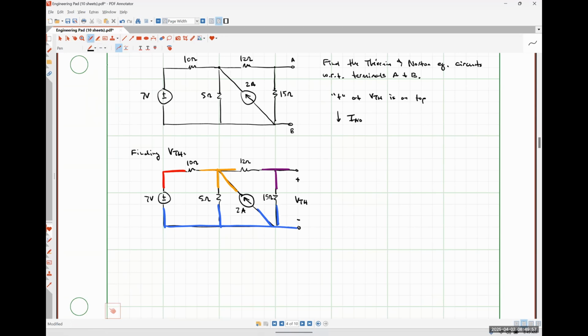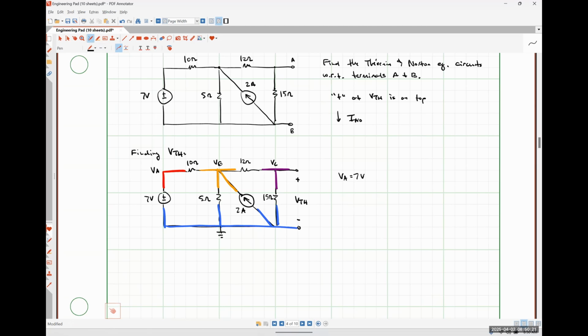Brian, which node do you want ground to be at? Okay. No dependent sources, so no controlling variables. I do have a voltage source. So actually, let me assign these nodal voltages before I forget about it. So let's call this guy A, B, and C. We could say that VA is going to be 7 volts.